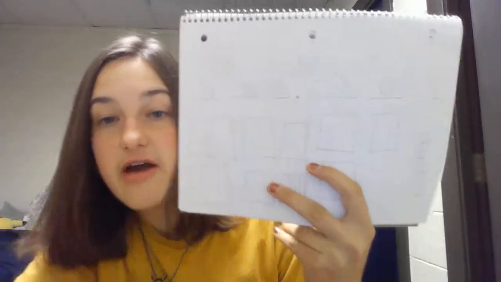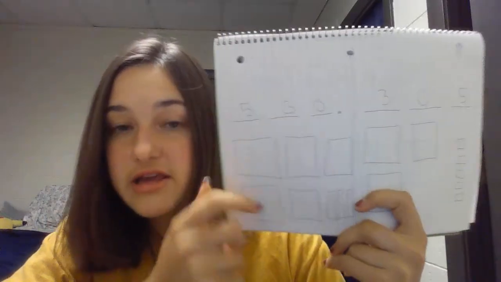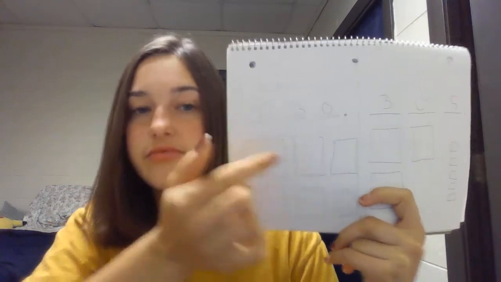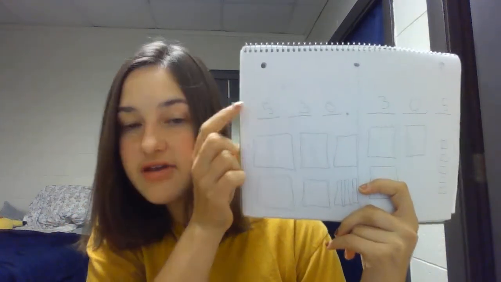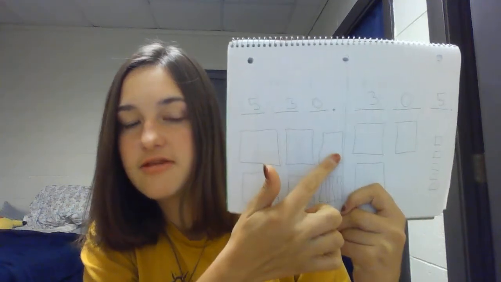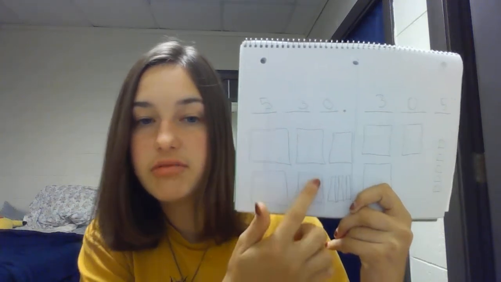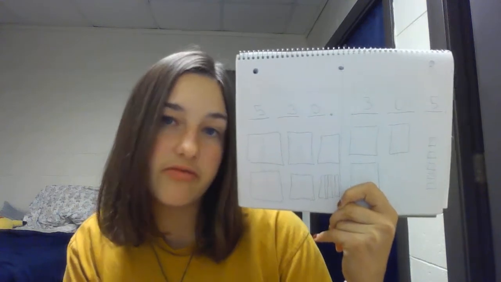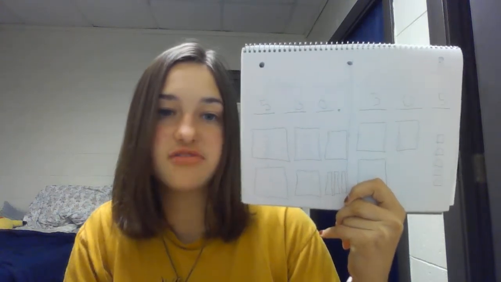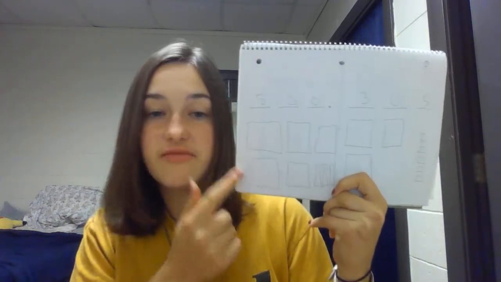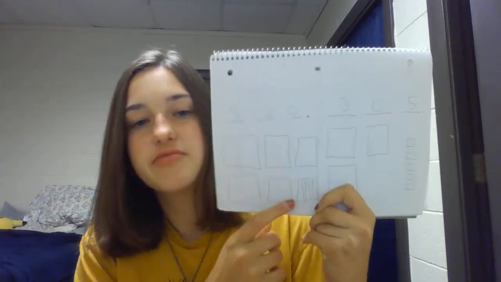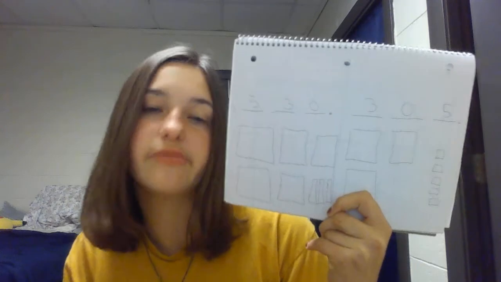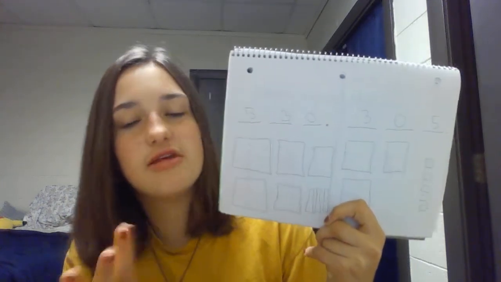I would start with the 530, writing it correctly into the place value chart that will be much more extended, and showing how the 5 in the hundreds place represents the 5 100 blocks. At this point, my students will be familiar with using math blocks, and I will explain to them what each of these symbols stands for. The 3 in the tens place represents the 3 10 blocks down here. And then the 0 ones is there's no ones.